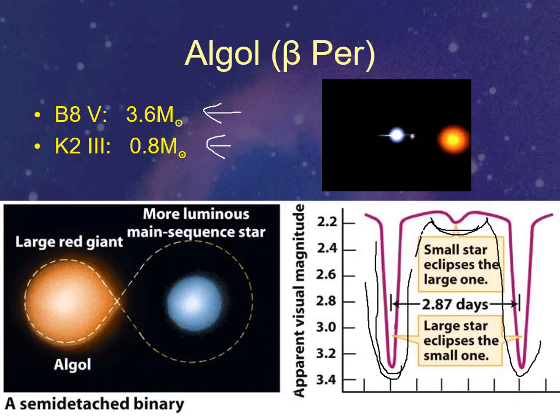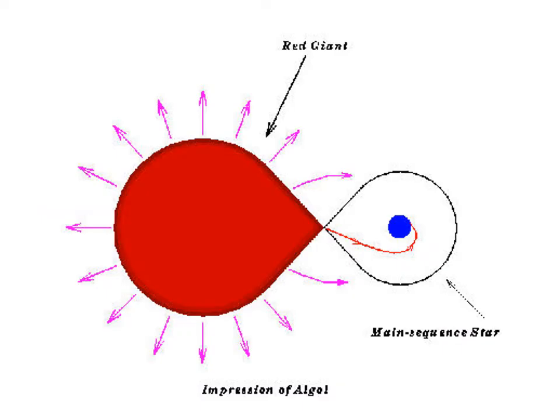So what's going on? This doesn't make any sense at all, because we know that the low mass star should be living still, and the high mass star should be the one that died. Well, here's an artist's impression of what's happening.